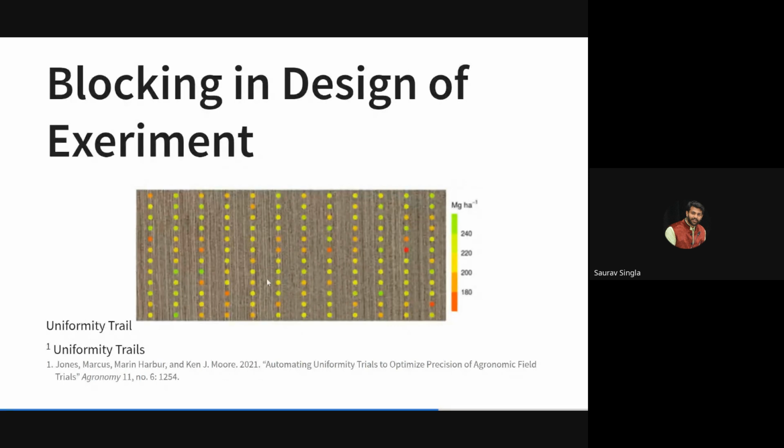But these are orange, having lower yield, but all the oranges are similar to each other. All the reds are similar to each other. All the yellows are similar to each other. All the greens are similar to each other. So what you learned is that there is a variation in the field.